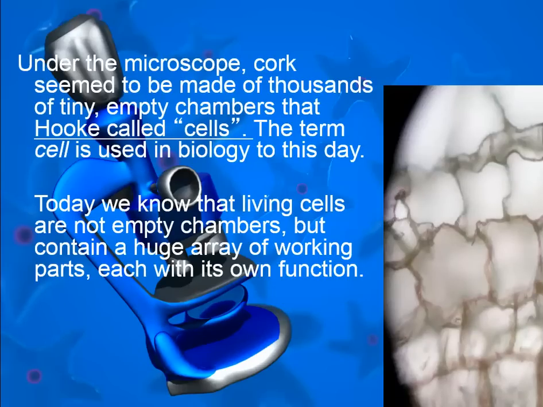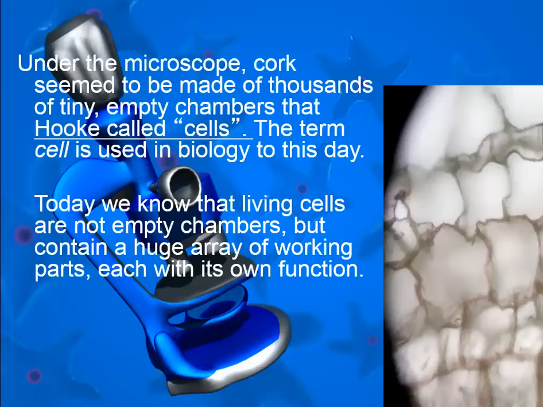Okay? So under the microscope, he saw all these tiny little chambers, and he called them cells because they reminded him of the cells that the monks stayed in at the time. And cell is a term that we still use in biology. But we also know that living cells are not empty chambers, but they've got all kinds of organelles. They might have a nucleus in there, ribosomes, and many other different organelles.